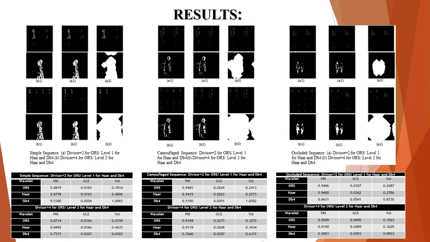The metrics used are probabilistic rand index (PRI), global consistency error (GCE), and variation of information (VOI). PRI should be greater, GCE should be less, and VOI should be less for a good matching with ground truth. The results show that RS wavelet is more efficient in moving object segmentation as shown both visually and with metrics.